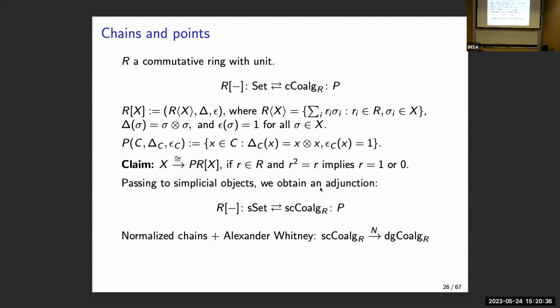We will also consider a normalized chains functor together with the Alexander-Whitney natural transformation. This produces a functor that takes any simplicial coalgebra and outputs a differential graded co-associative coalgebra, which might not be co-commutative, even if you started with a co-commutative coalgebra, because the Alexander-Whitney natural transformation you use to break the coproduct is not strictly co-commutative.